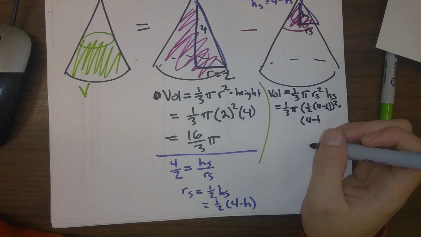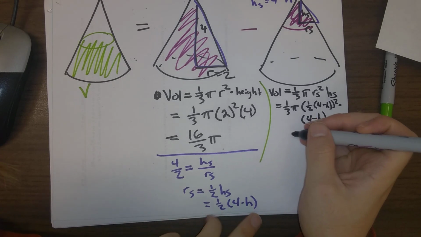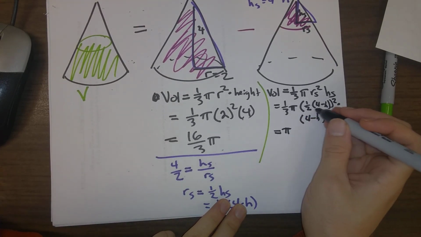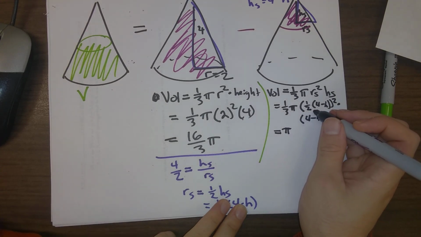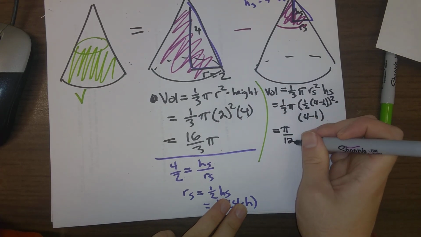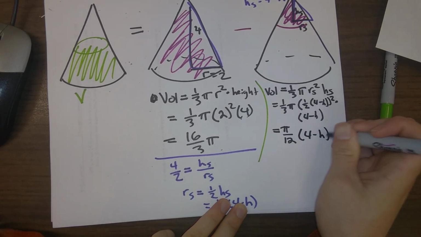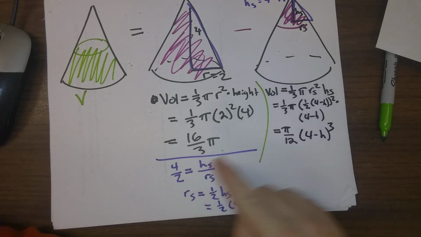Okay, so at this point, what do we have? It looks like we have a pi, then we're dividing by 3 and 2 factors of 2, so that's 12, and then we have 3 factors of 4 minus H. So what is our volume?